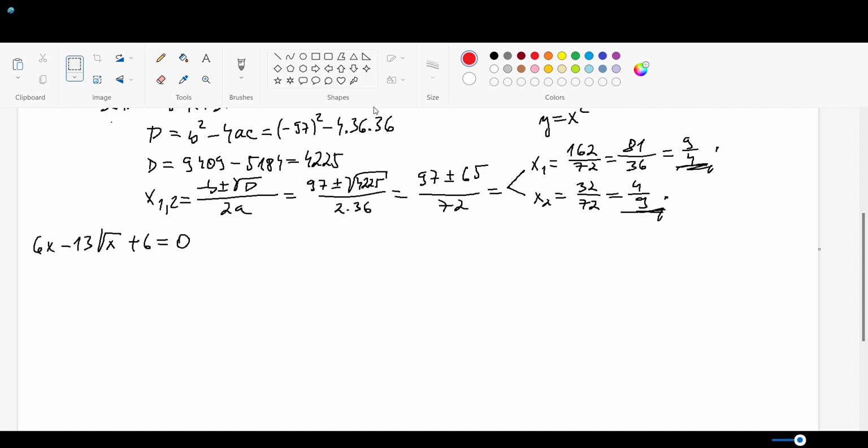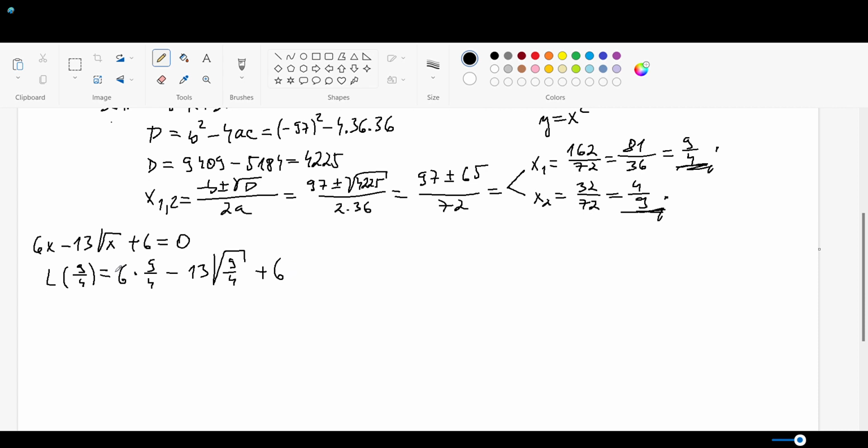Please don't be scared of these numbers. I'm pretty sure it's going to be something easy to calculate. So we need to calculate the left side of this equation for 9 over 4, and it is equal to 6 times 9 over 4 minus 13 times square root of 9 over 4 plus 6. First good news is that this square root can be calculated very easily.